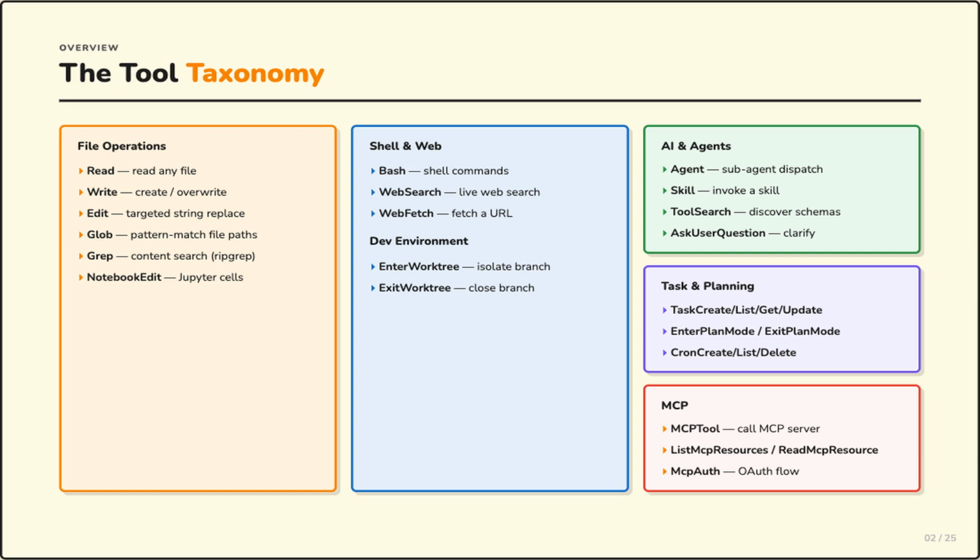AI and agents covers the orchestration layer: agent for spawning subagents, skill for invoking reusable prompts, tool search for discovering tool schemas, and ask user question for gathering user input. Task and planning has the task management tools, plan mode, and cron scheduling. And finally, MCP tools let Claude interact with external model context protocol servers.